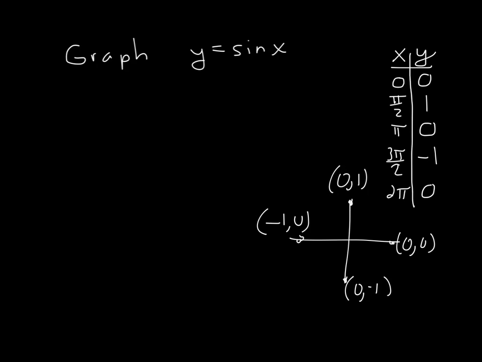Now here's the beautiful thing about the sine graph. If we want to go around this circle more times, we can make this x value larger, but it's just going to keep repeating itself. If we do 3 pi, we'd still be at 0. 4 pi would be at 0.